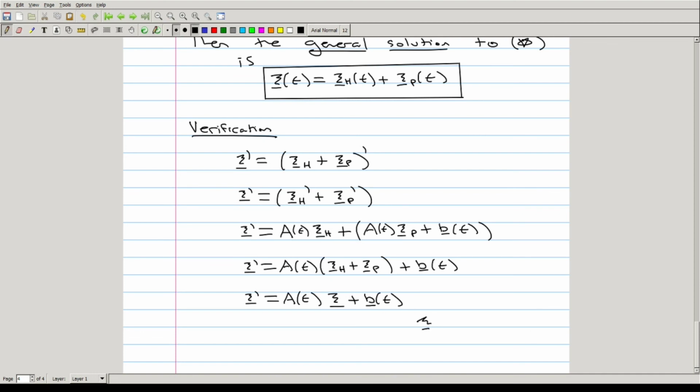So xi of t naught is equal to xi naught. So let's break this into two parts and discuss how to go through and solve for xi h and xi p.